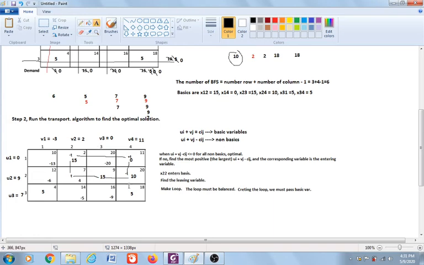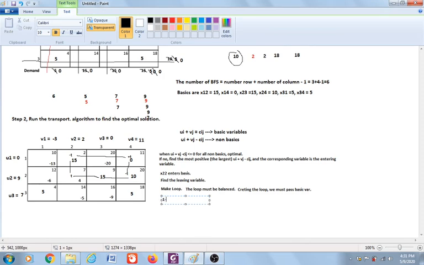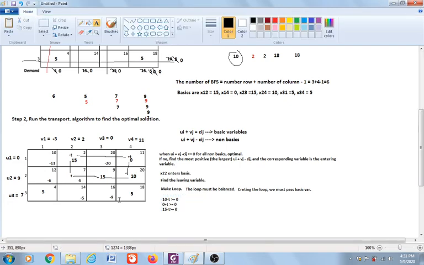So from the loop, I can determine the value of t. From x24, I know that 10 minus t must be bigger than or equal to 0. Here 0 plus t must be bigger or equal to 0 because every variable must be nonnegative, and 15 minus t must be bigger or equal to 0.